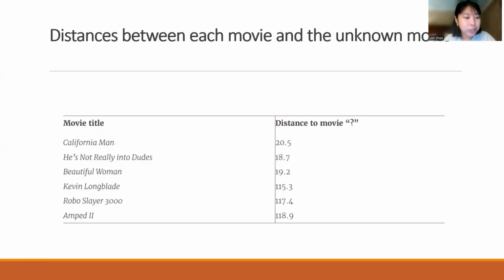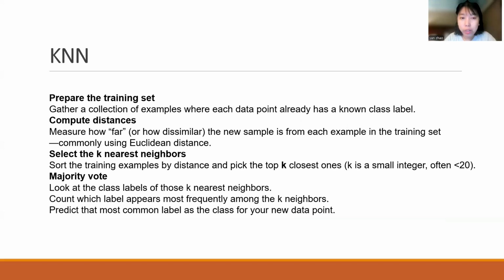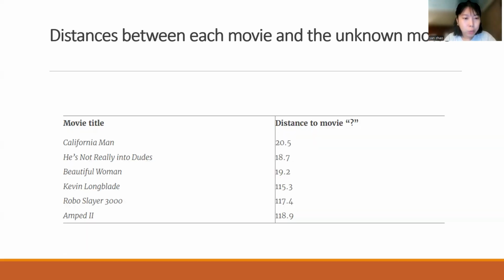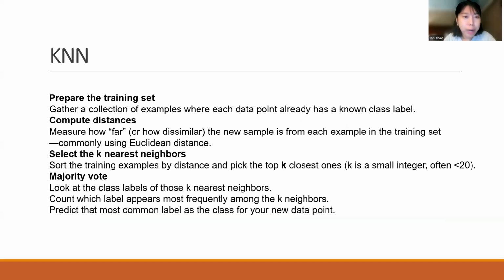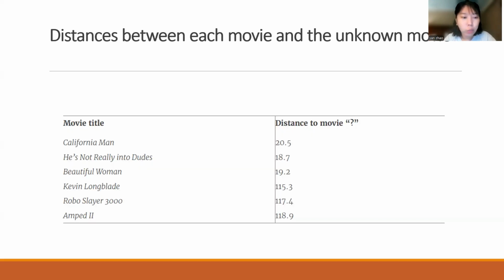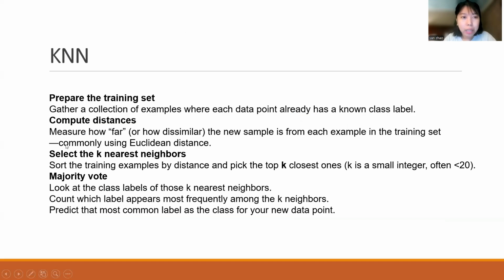Okay, let's circle back to our movie data set. We want to use KNN, right? We need to follow those steps. So step 1, prepare the training data set. This is what we already have. We have a data set with 6 movies in it. The next step is to compute distances.